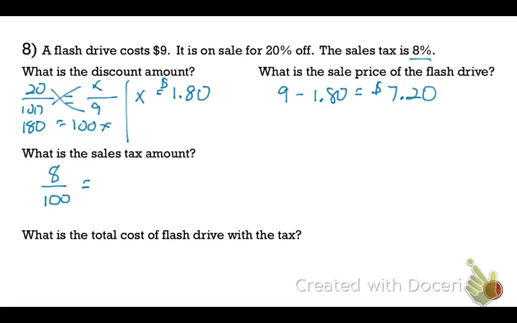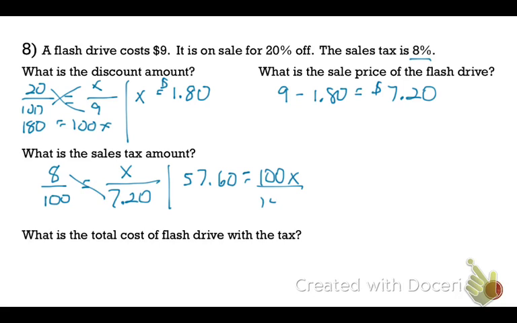So 8 over 100. And then I know what the whole amount is. So the whole flash drive, but I don't know what that 8% portion, that part is. So then 8 times 720 is 5760. And 100x. And then I'm going to divide by 100.